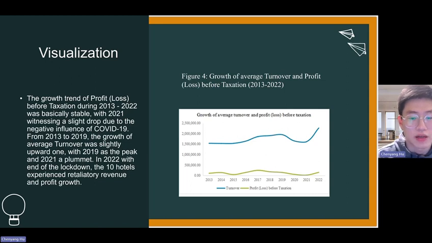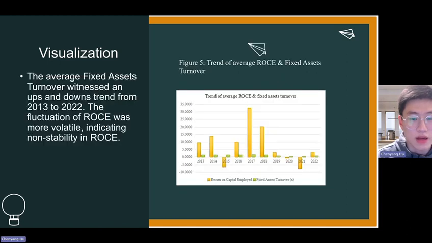However, an increase in 2022 in all these indicators demonstrates that the tendency and the potential of the near future would be characterized by slow growth. The profit margin for Travelodge and the fixed assets turnover for Premier Inn also show similar trends with the 10-hotel average.